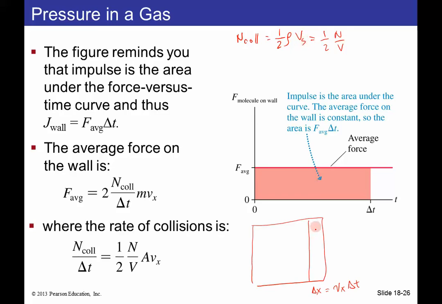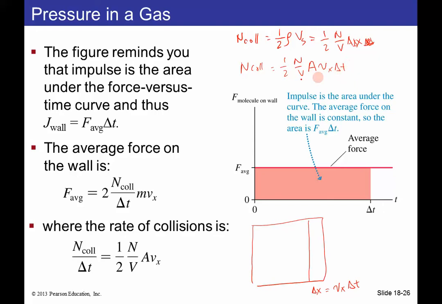I should write it like this. The volume of the section is the area of this wall times delta x, right? So that's the number of collisions, right? So the number of collisions is equal to 1/2 N over V, A delta x, and delta x is Vx times delta t.